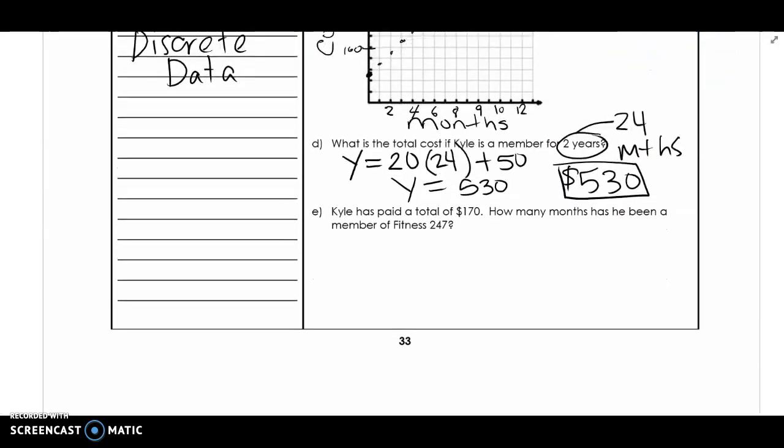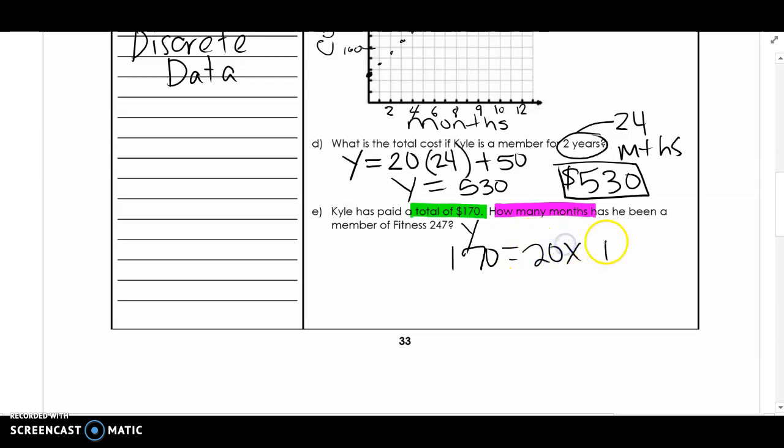Kyle has paid a total of $170. That is his cost. So that's what we let our Y value represent. So if Y is 170, it's then asking us how many months has he been a member. So we're looking for X given that Y is 170.